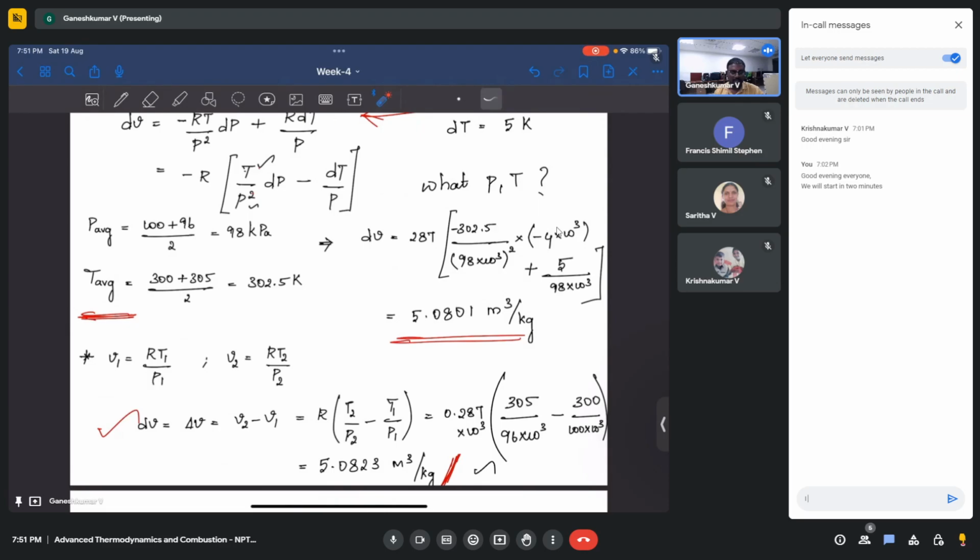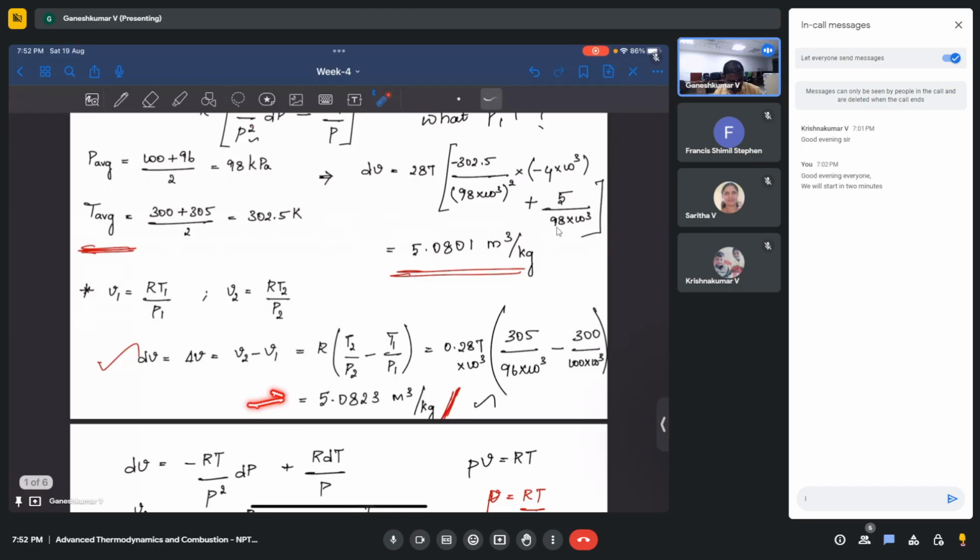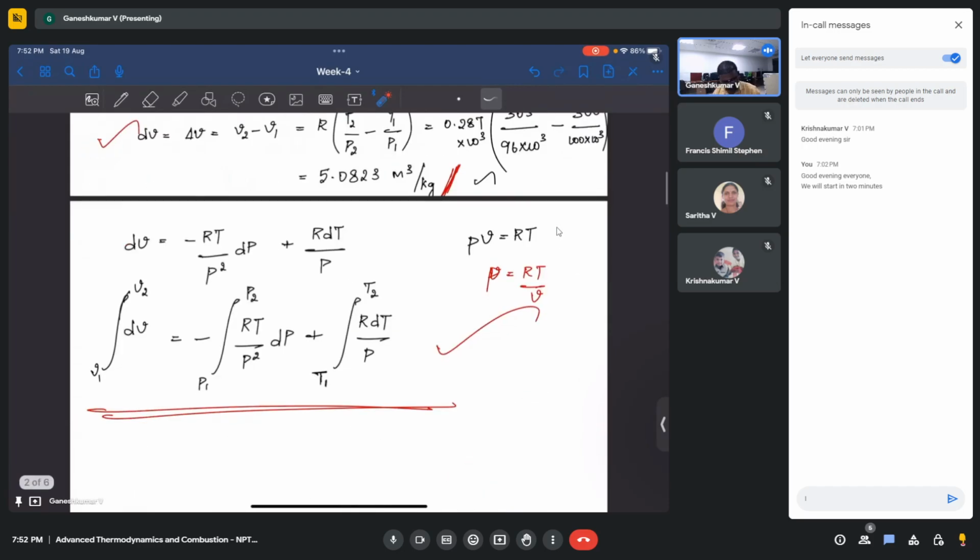When you deal with such kinds of gases, you may need to do these integrations, these kinds of approximations, to find an approximate change in volume. That is one of the reasons why we need to know this approach to find a change in volume. If it's a simple ideal gas, this is the most accurate method, since you know the relation, you can easily find it. That is what I want to emphasize in this problem.